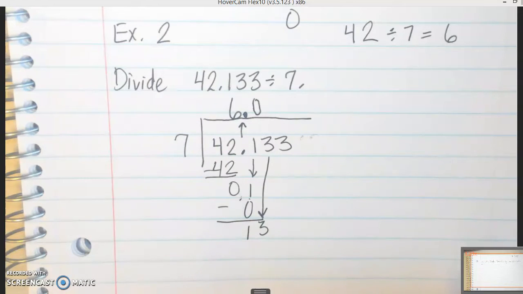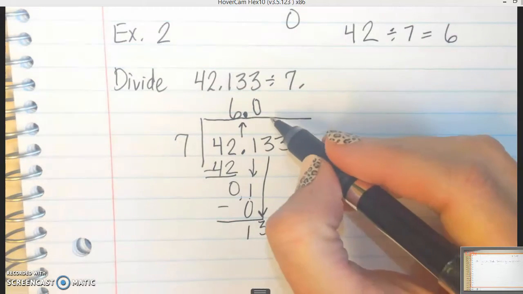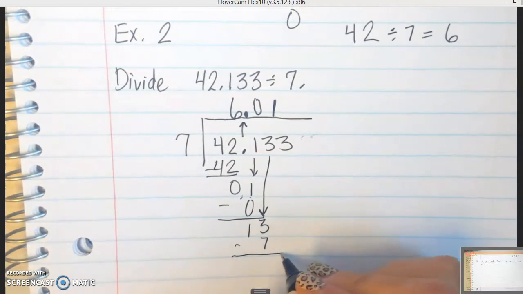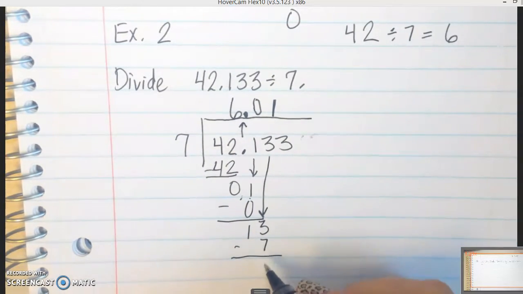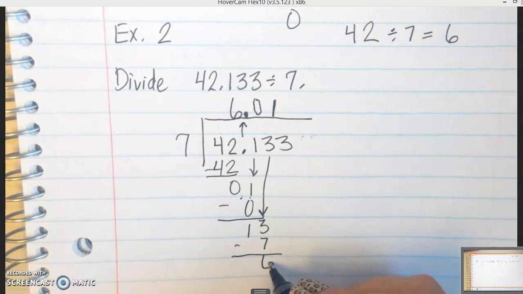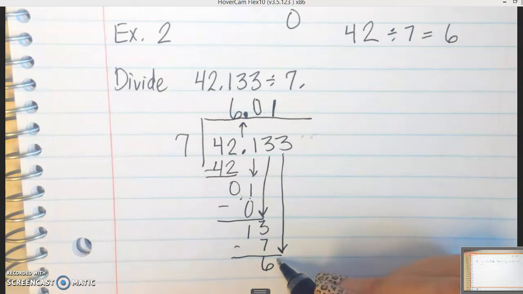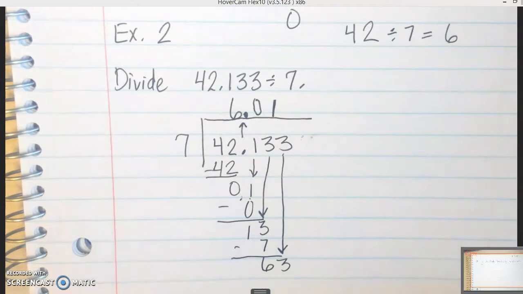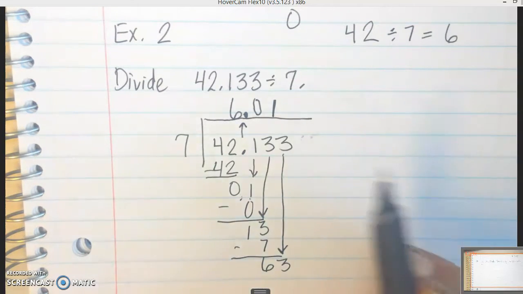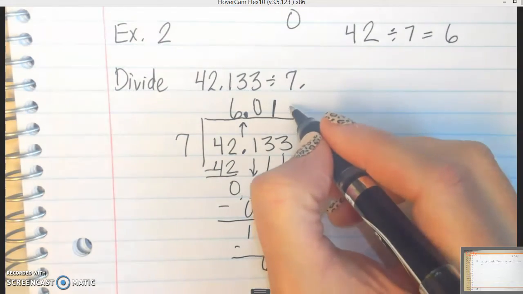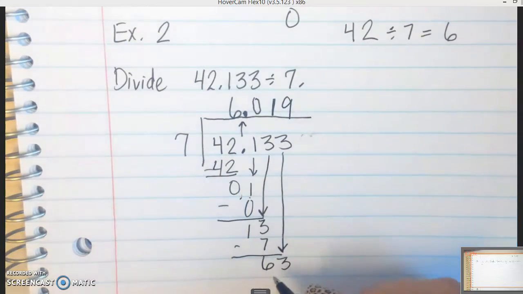Will 7 go into 13? How many times? One time. 1 times 7 is 7. And I subtract. 13 minus 7 is 6. And then I need to bring down my next number. Okay? You with me so far? How many times will 7 go into 63? 9 times, which is exactly 63.